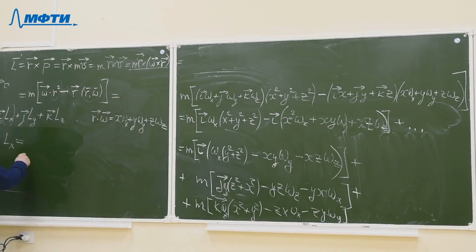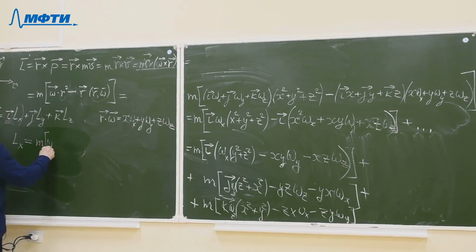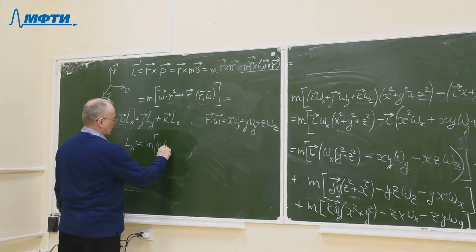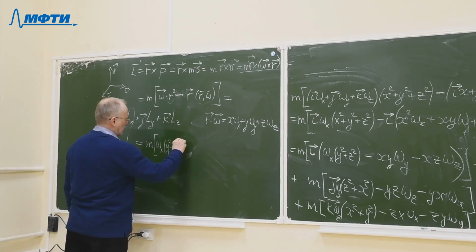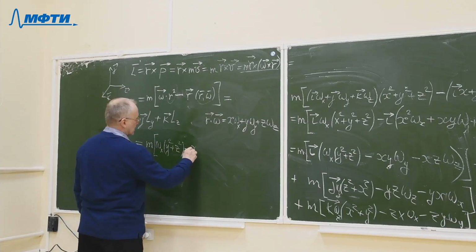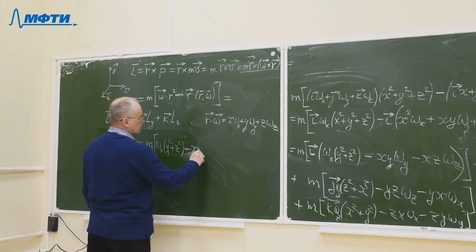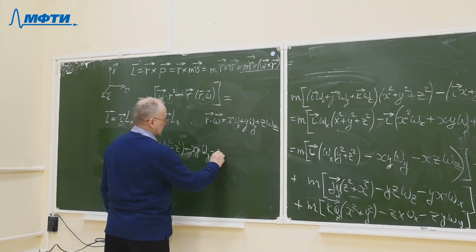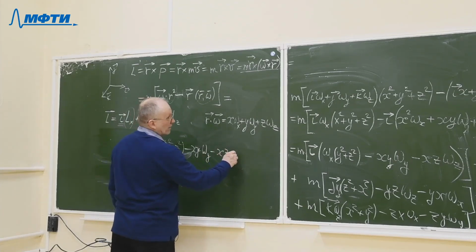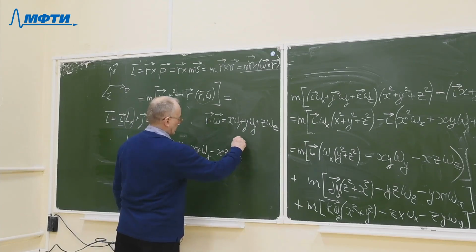That will be m omega x times y squared plus z squared, minus x y omega y, minus x z omega z.